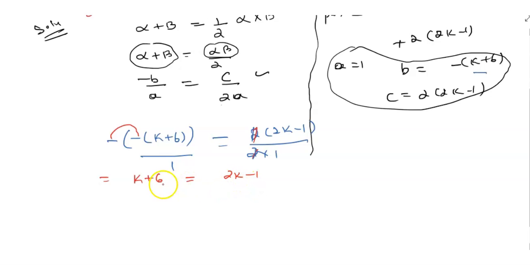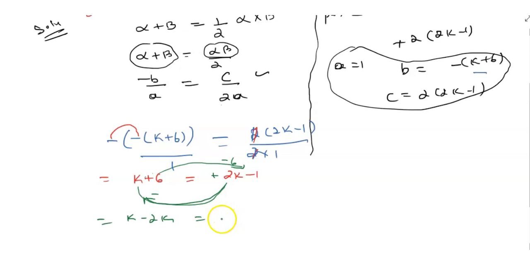Okay, I have to find k, right? Let's arrange the similar terms on one side. So k and k are similar terms. So I'll take 2k towards here, and the sign before 2k is plus. So if I take it here, the sign becomes negative. Hence k minus 2k, and I will arrange these two terms here, right? So 6 I don't want here. This plus becomes minus 6 when I send it.